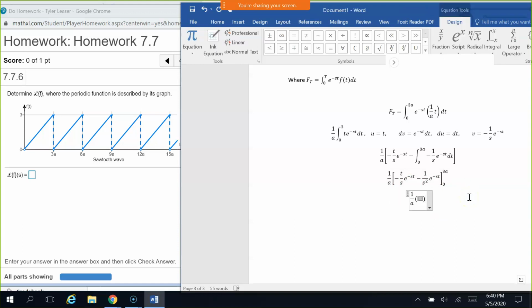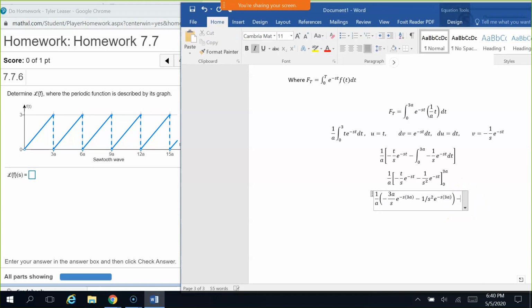Plugging 3a into the t's, I get negative 3a over s, e to the negative s times 3a, minus 1 over s squared, e to the negative s times 3a. And that's going to be minus, plugging 0 in for the t's. This first term is just 0, that's nothing. But this term is going to give me something. The e to the 0 is just 1, so we're still going to get that coefficient negative 1 over s squared.